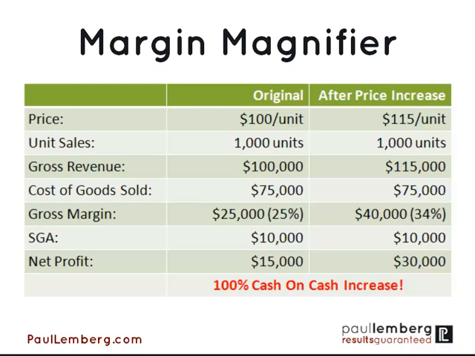You just doubled your profits simply by increasing your price 15%. That's why we called this module Margin Magnifier. Can you see the power of this? With just a few minutes work, you can suddenly spike your profits to levels that you could only imagine a month ago. Could something like this work in your business?